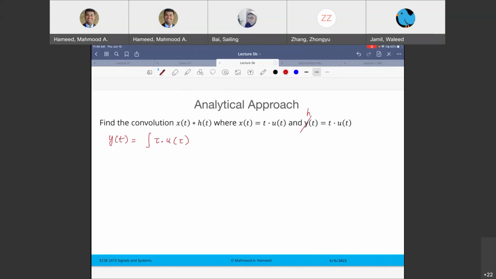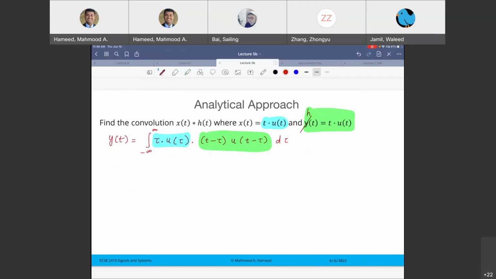This needs to be h. t minus tau, u of t minus tau, d tau, negative infinity to infinity. All right. Please check if you guys agree with this or not. Yeah? Okay, next.